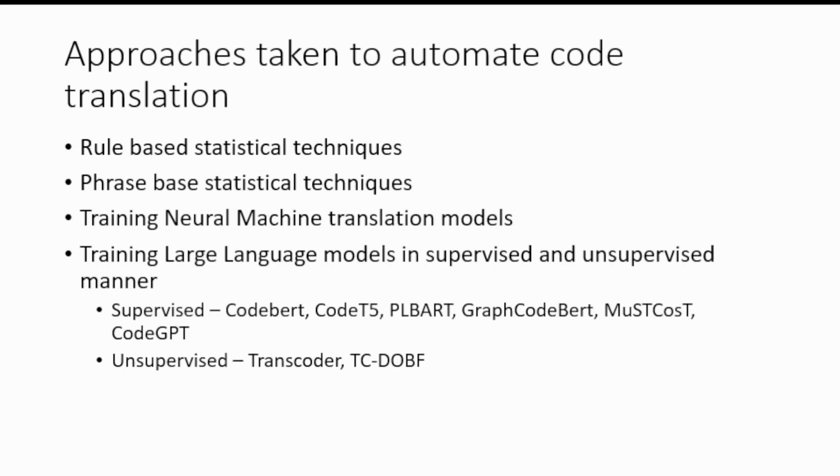The usage of large language models has been used lately in the field of research under automating code-to-code translation and several other code-related tasks such as NL to code, code generation, etc. Under training large language models, we are not actually training the models from scratch, but what we are doing is gaining the pre-trained weights of the large language models and training on top of that and fine-tuning for our data set, right?